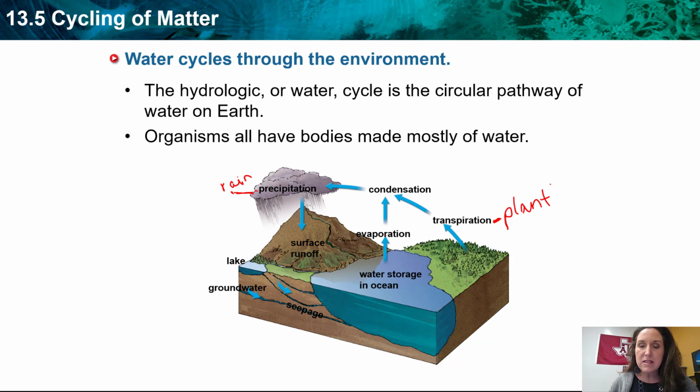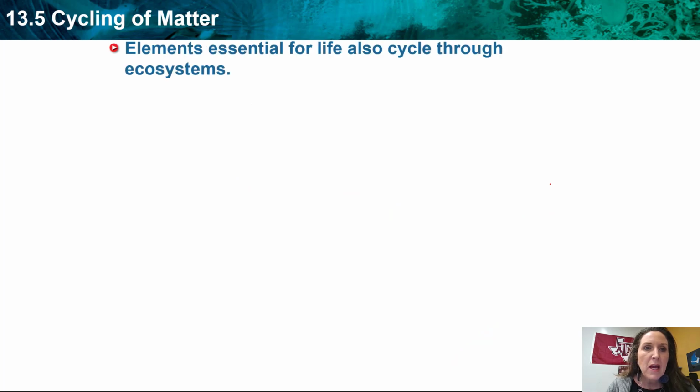But when plants release water out onto their leaves, that is called transpiration. Okay, so the water is released as vapor. Evaporation is vapor. That vapor condenses into a liquid and then rains. Okay, so that is the water cycle, and that should be a review from 7th grade.